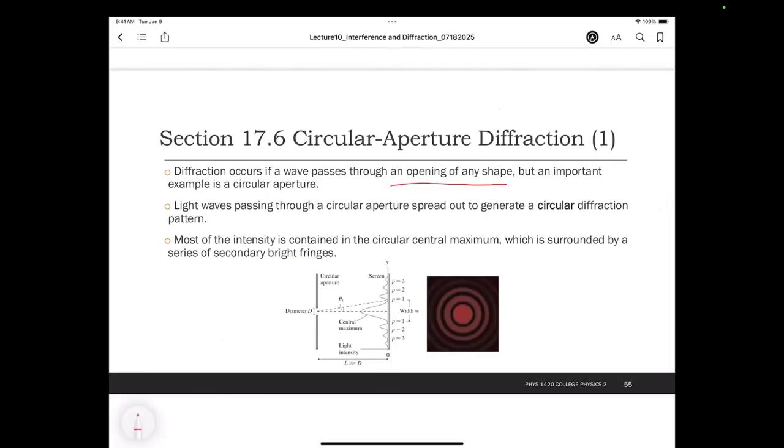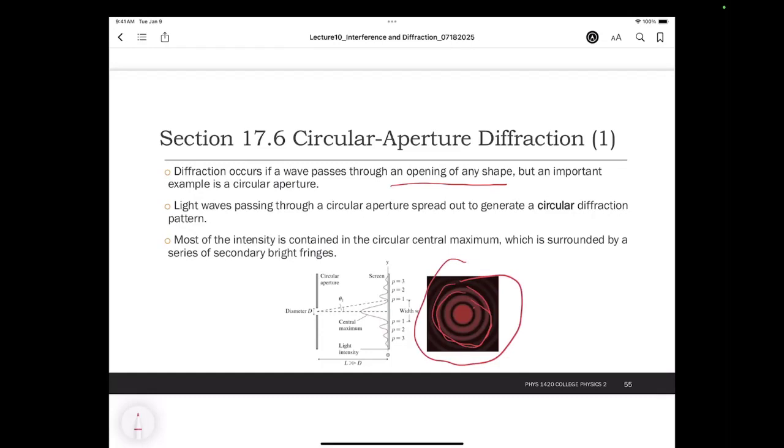Light waves passing through a circular aperture spread out to generate a circular diffraction pattern. You can see here, it's just like this. Most of the intensity is contained in the circular central maximum, which is surrounded by a series of secondary bright fringes. You can see it's very similar to single slit diffraction.